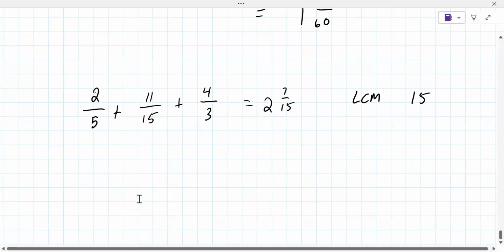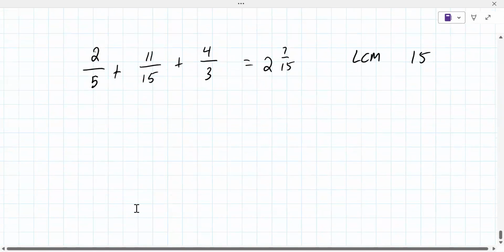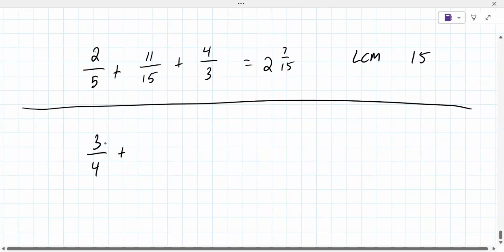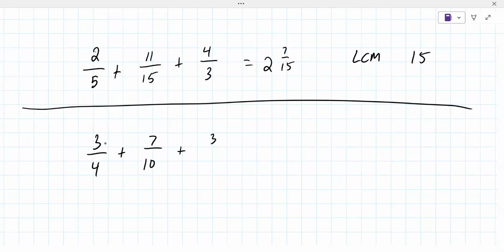Let's do another one. Let's go 3/4 plus 7 over 10 plus 3 over 20.